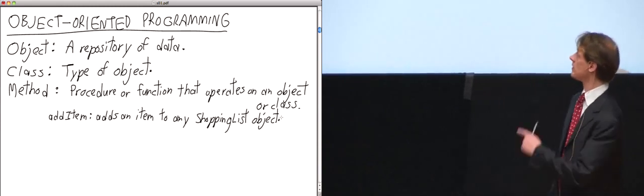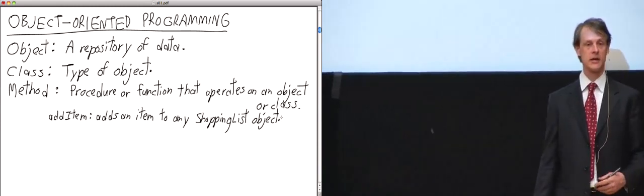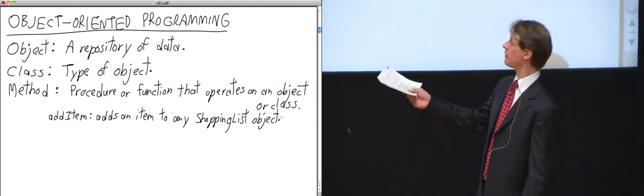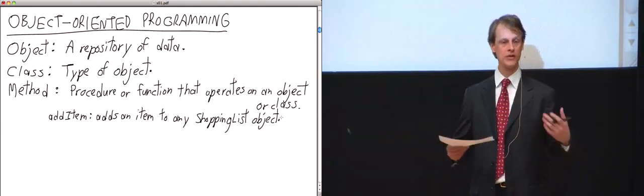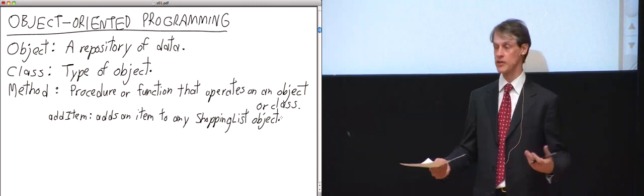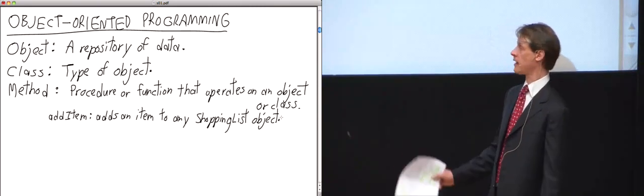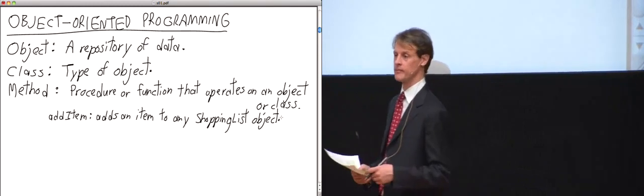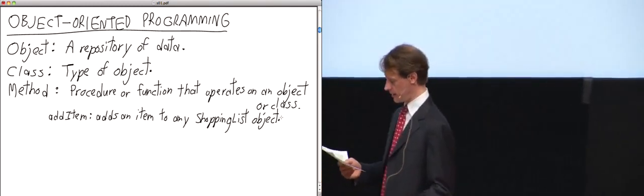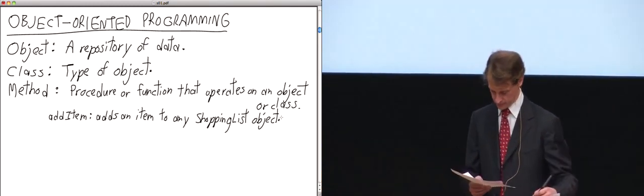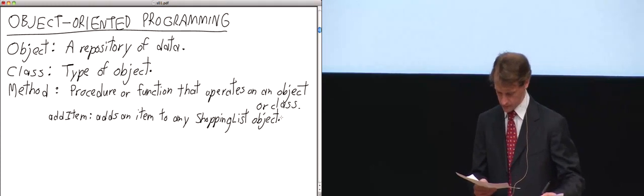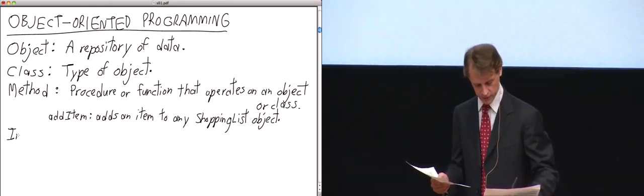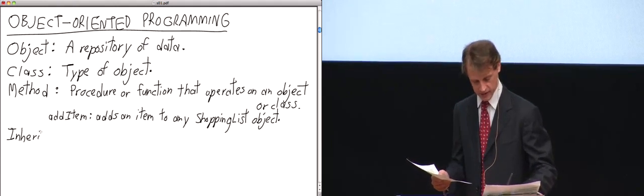But one of the interesting things about methods is that they don't necessarily just apply to one class of objects. You might have an add item method that applies to a whole bunch of classes of objects that represent lists. So I could have add item that works on any kind of list, a shopping list or a laundry list or whatever kind of list you want. And the way that we achieve that is through another mechanism called inheritance.